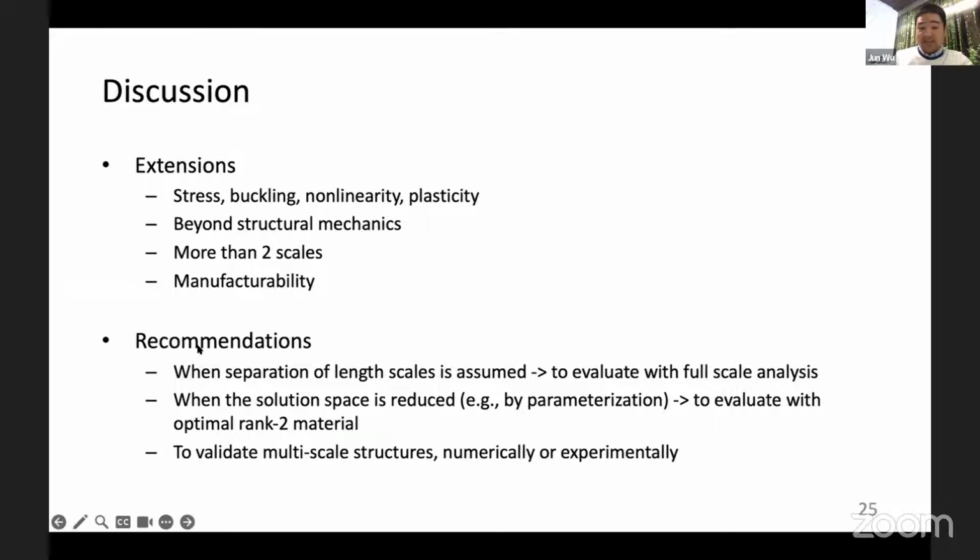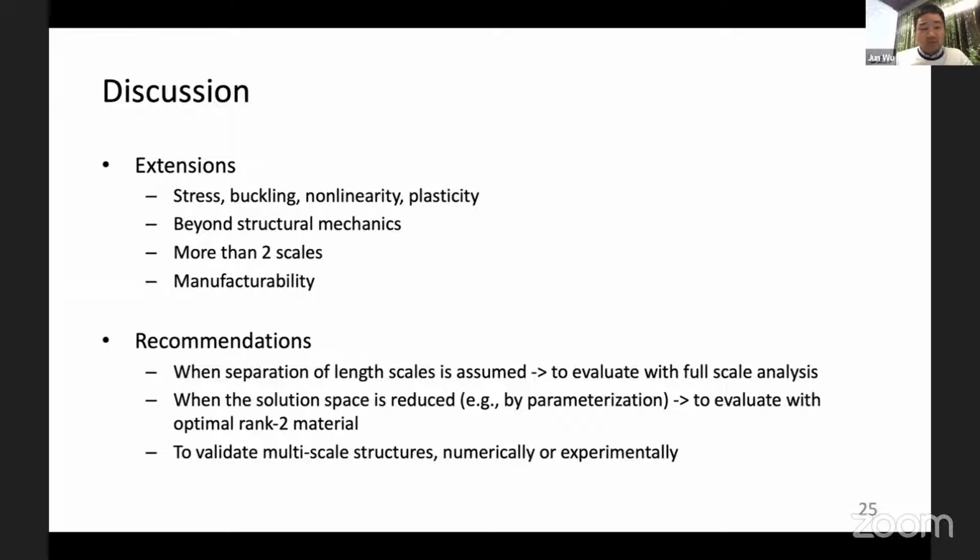The last slide to conclude: there have been a lot of developments in multiscale topology optimization, and in the review article, we have focused on structural mechanics, but there are many more problems to be addressed. For instance, to consider stress, buckling, nonlinearity, or plasticity, and to go beyond structural mechanics to acoustics, optics, thermodynamics.